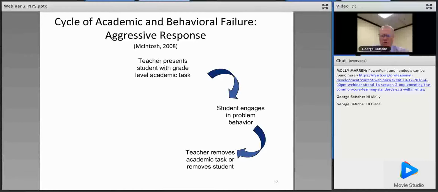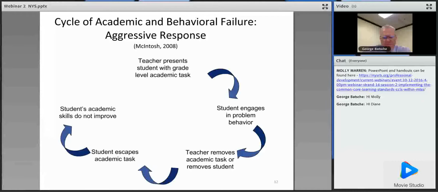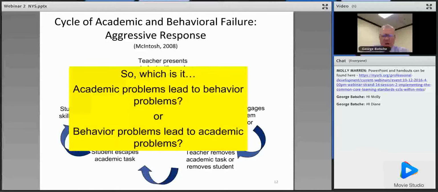The teacher then removes the task or removes the student. The student escapes the task, and the student's academic skills don't improve, and the next time the teacher presents the task, the whole cycle begins again.